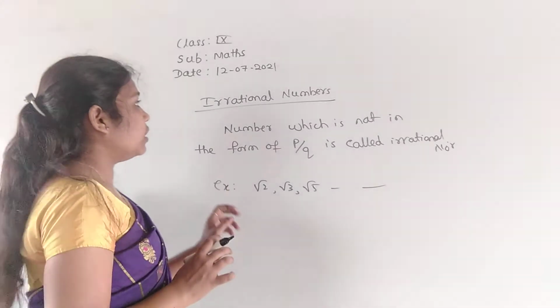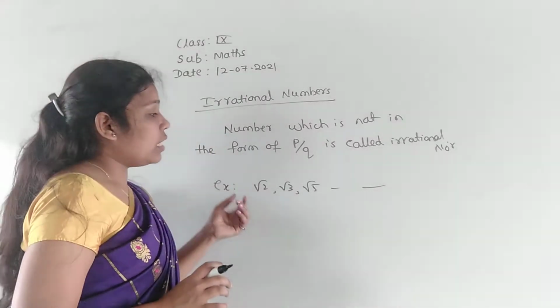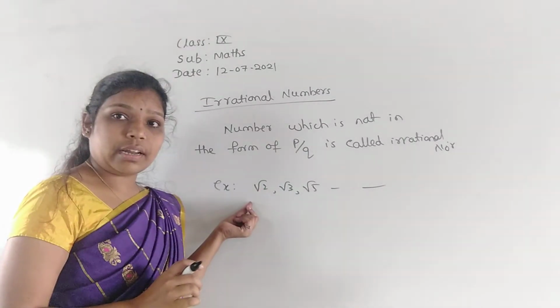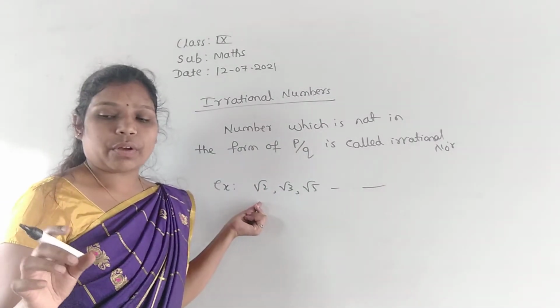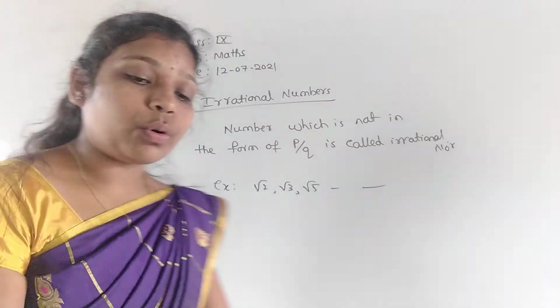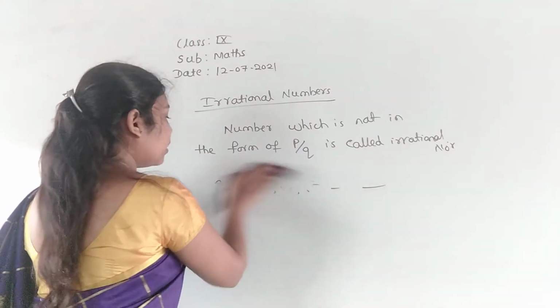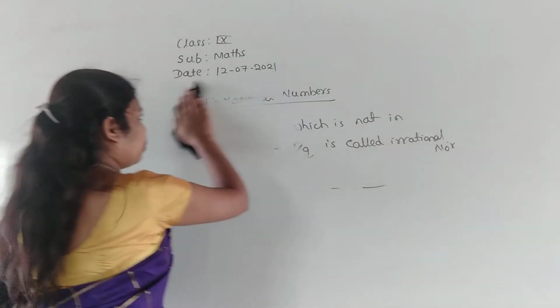You studied that already in the 7th and 8th classes. But now our task is to locate an irrational number on a number line. Now we will study how to represent an irrational number on a number line.